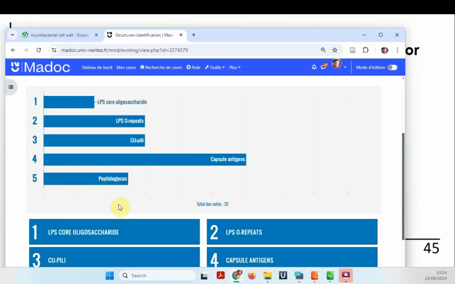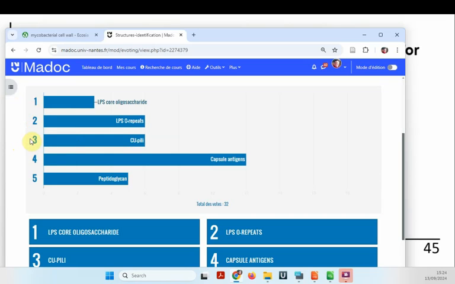There are some slight differences in the tetrapeptide repeats and the peptide bridge cross-links. But basically, it's the same thing in all bacteria, too conserved. That's also the same for the core oligosaccharide, which is very conserved within the same bacterial family or genus. So not very useful for identification.